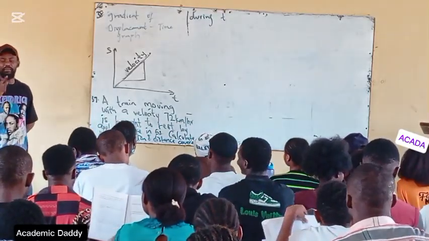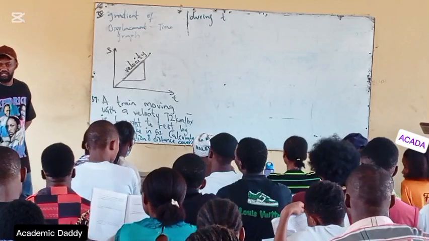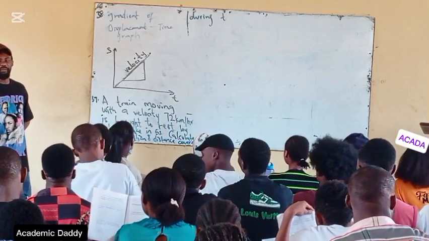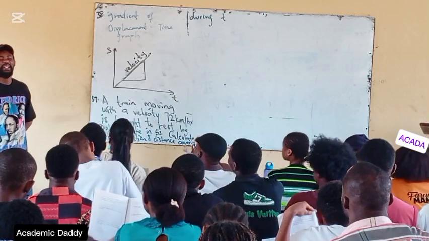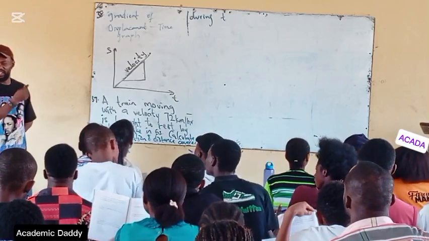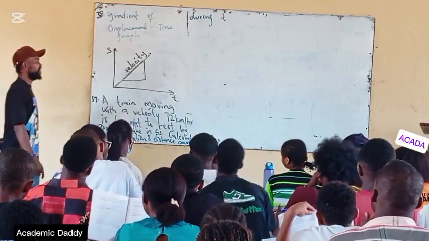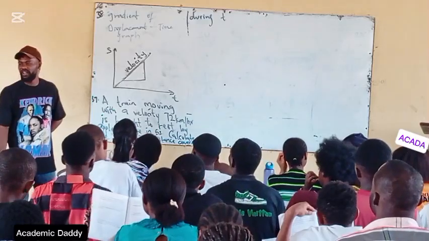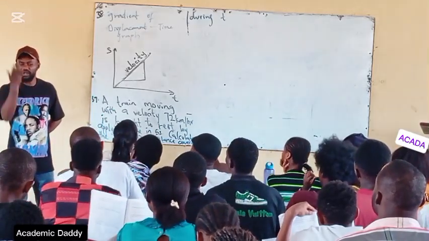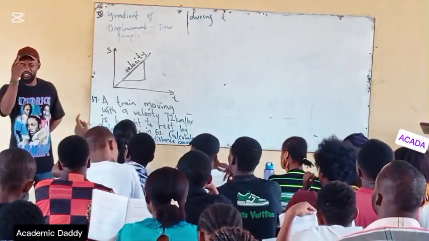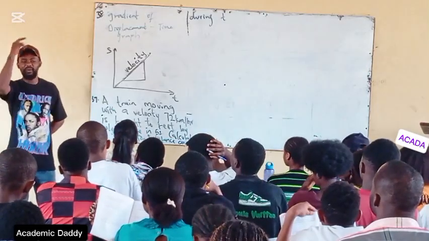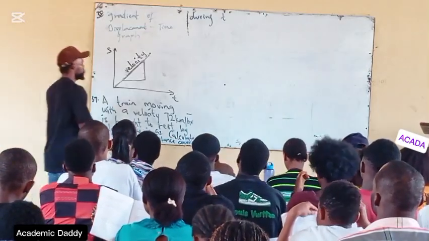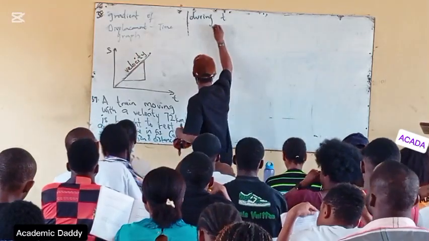If the body is stationary, initial velocity is what? If the body is brought to rest, what will be the initial velocity? If the body is thrown up, what will be the initial velocity? If the body is thrown down, what will be the initial velocity? Because it has gone up and now coming down. Alright, so with that said, we can solve this.